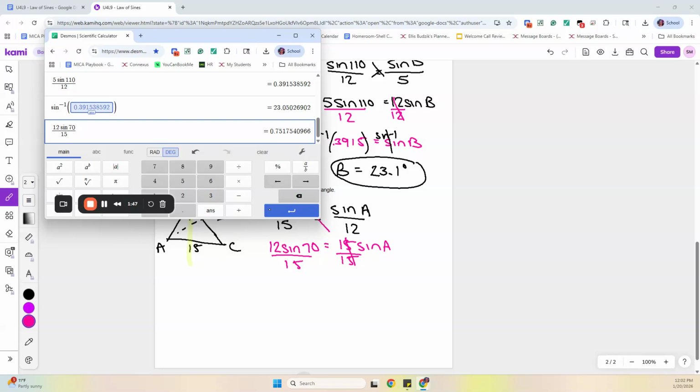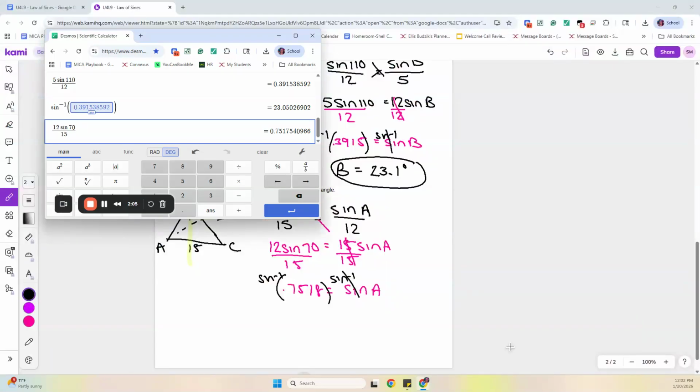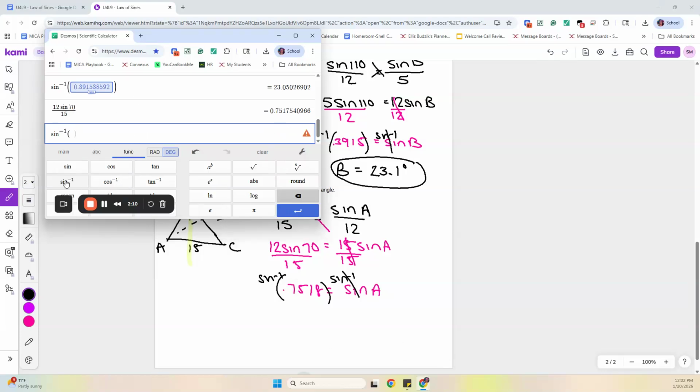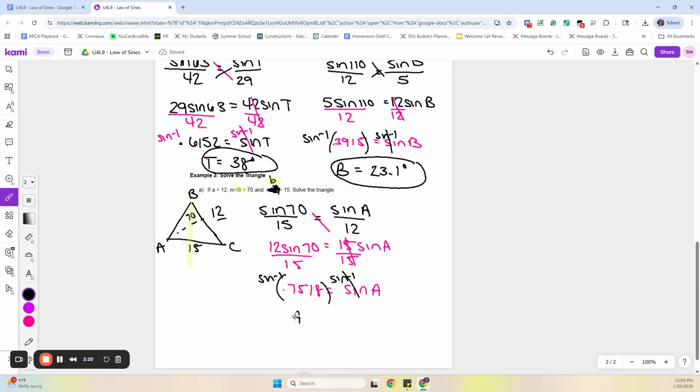So that's 0.7518 equals sine of A. Then to get that sine by itself, I'm going to sine inverse. Sine inverse of our answer. And we get 48, about 49 degrees. We'll round to the nearest whole number. So 49 degrees about. So our A equals about 49 degrees.